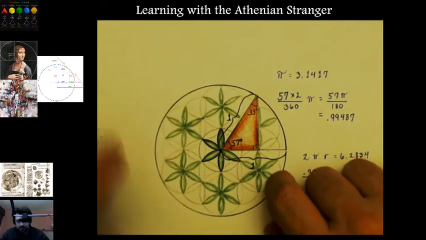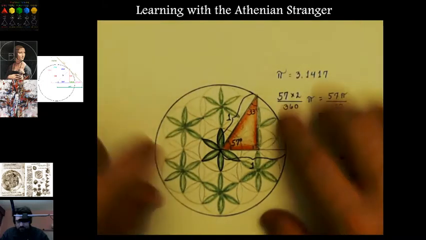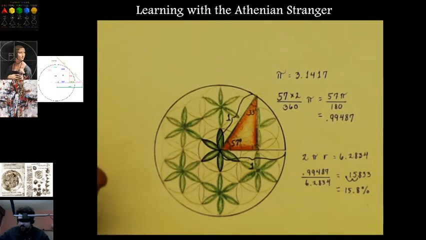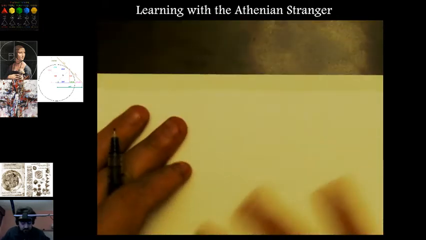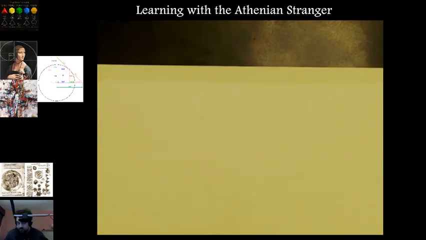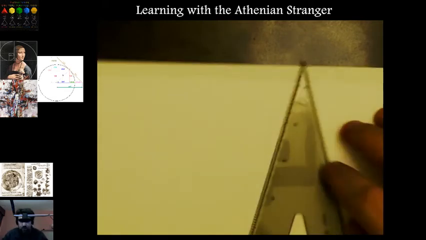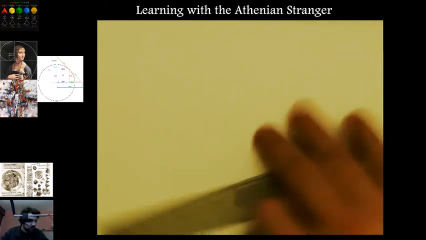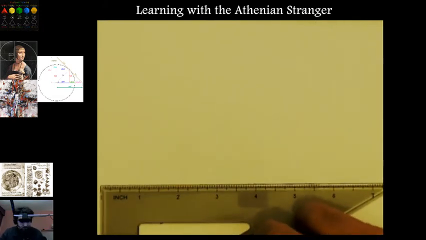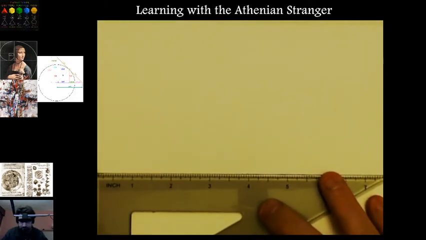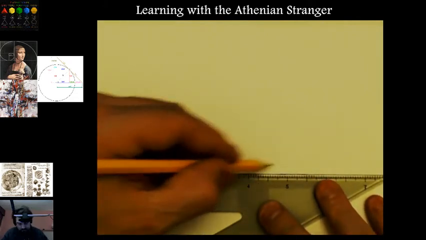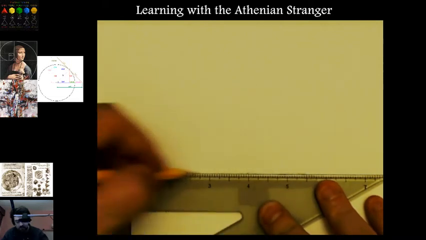Okay? So, let's proceed. I'm going to put a new piece of paper down. And I'm actually going to, rather than redraw the whole thing, use a cheater method. I'm just going to create a triangle on a piece of paper. So I'm going to draw kind of a construction line right here.